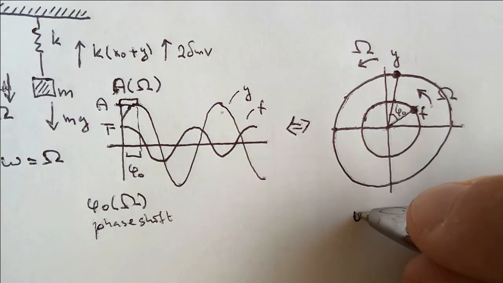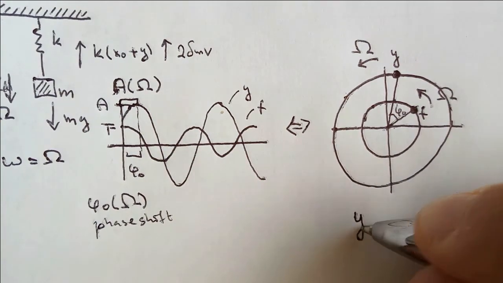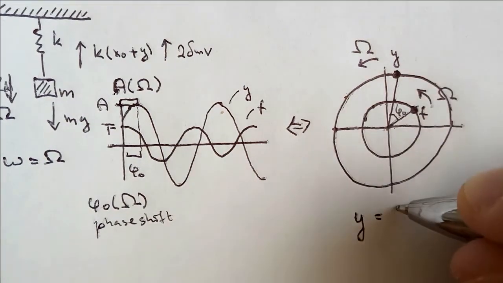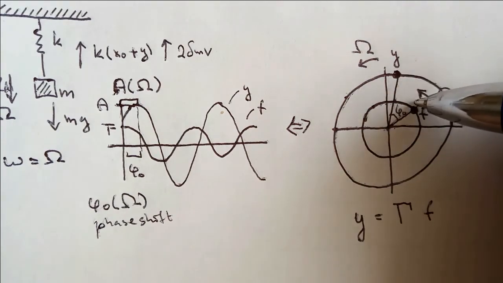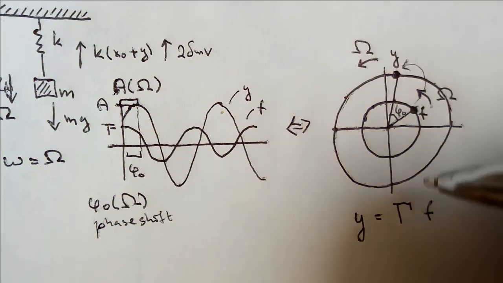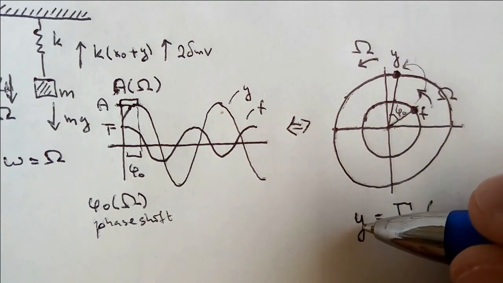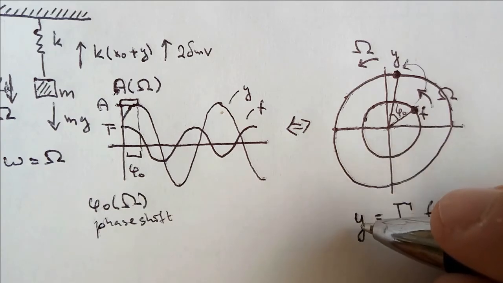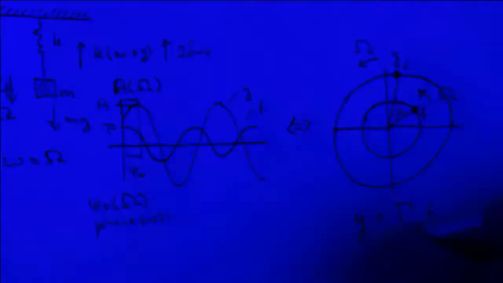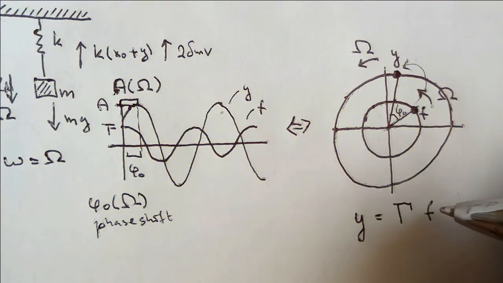So y is capital gamma times f. This complex number can just multiply f and you will get y. From reasons of measurement, y is in meters, it is displacement. So the dimension of gamma is meters divided by force.